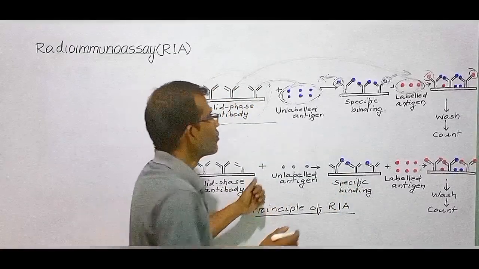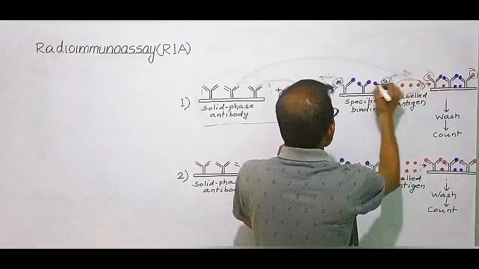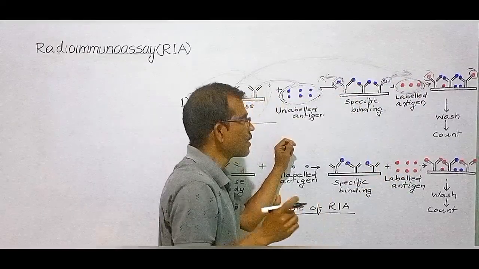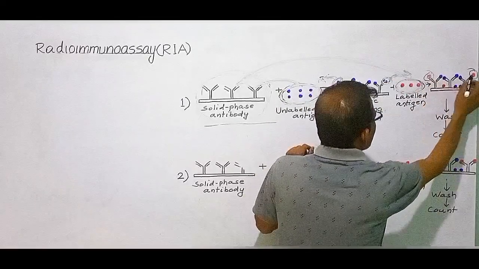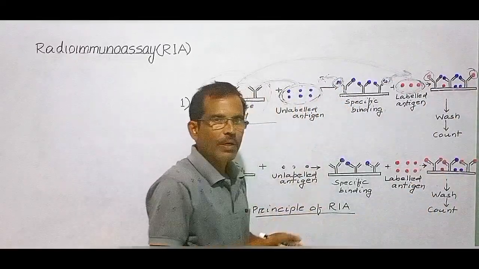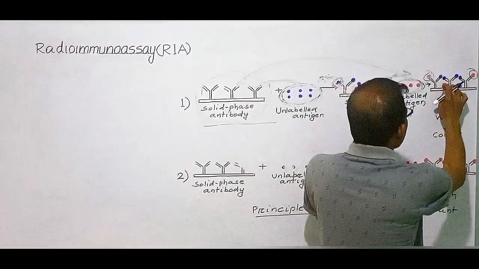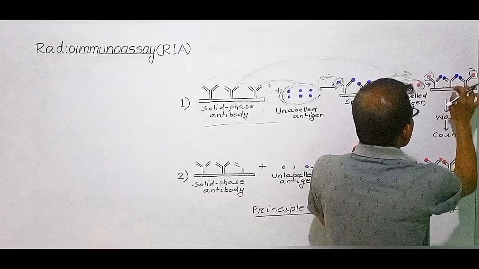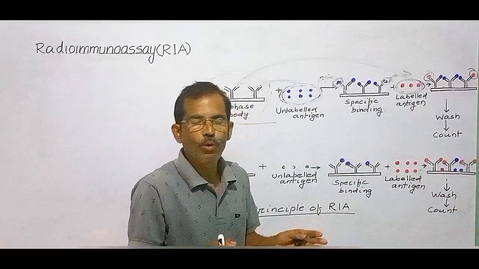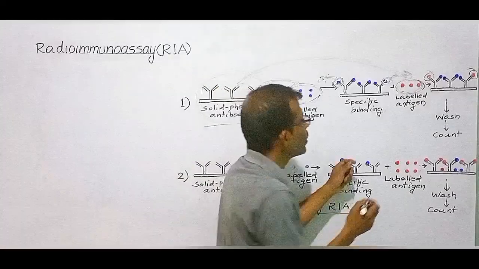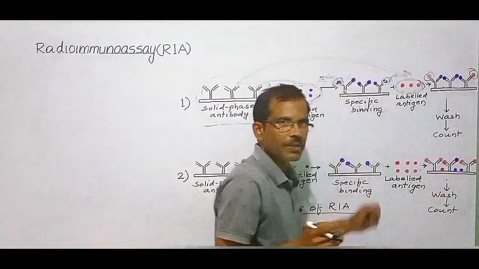As a result, few unlabeled antigens will be displaced from the binding sites on the antibody and the exposed sites will be attached to the radiolabeled antigens. Because of this, following incubation and after removal of the unbound antigens, the radioactivity of the bound antibody will remain low. This is because few radiolabeled antigens are attached to the antibodies.